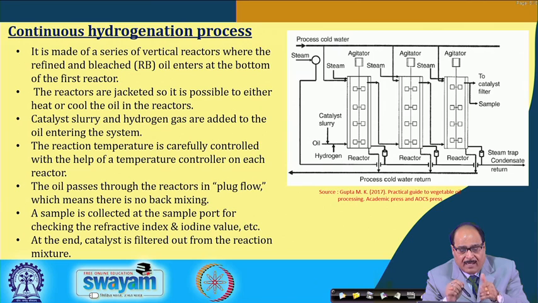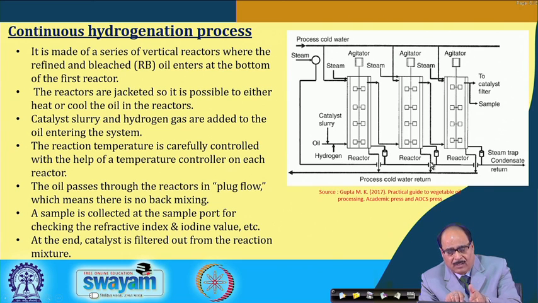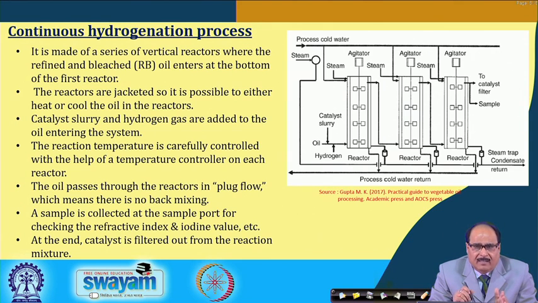A mixture of the catalyst and oil is fed into the reaction vessels, and then hydrogen gas is introduced. In the first vessel it is given some time, then it passes through the second vessel and then goes to the third vessel, and in each vessel the required temperature and pressure etc.